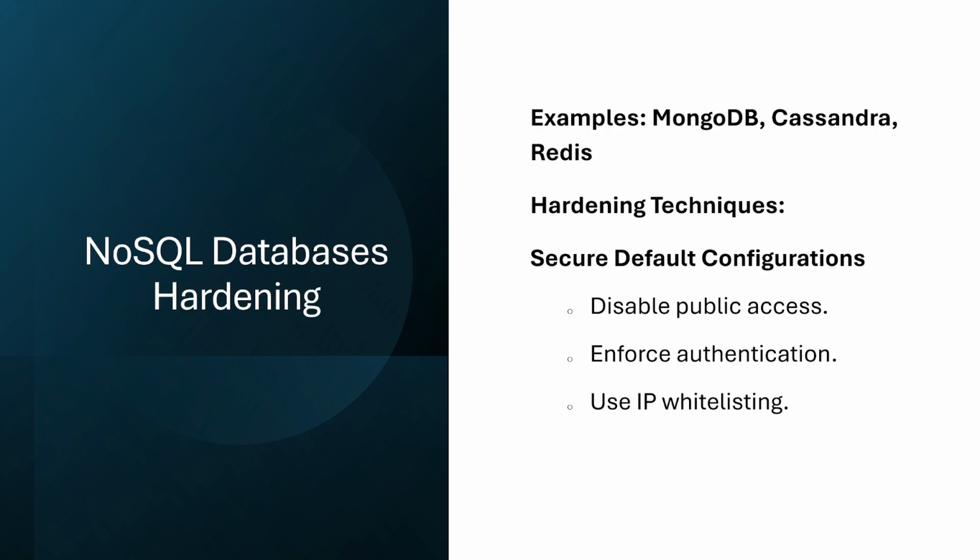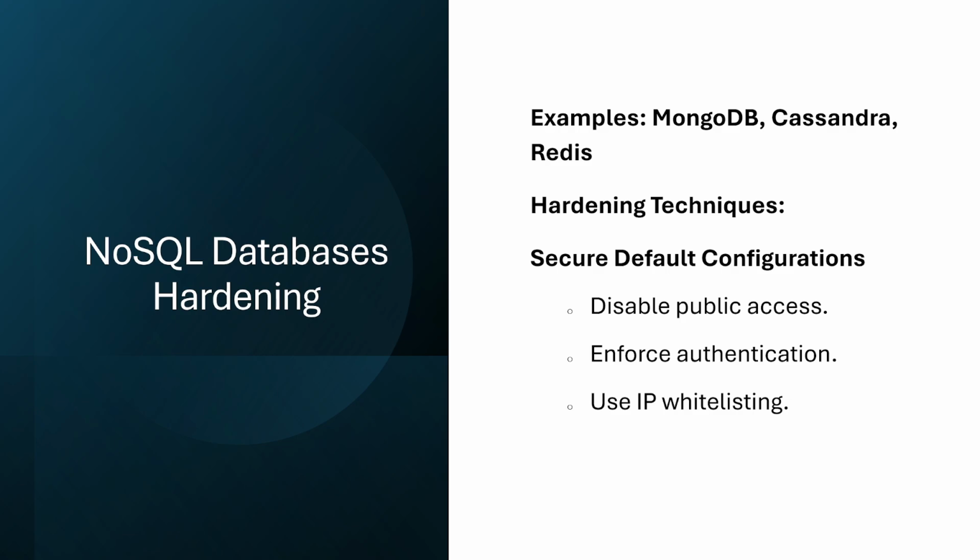Examples are MongoDB, Cassandra, and Redis. So these are some of the examples. I've never worked with them, but they are some examples of hardening of some databases that are not SQL databases.